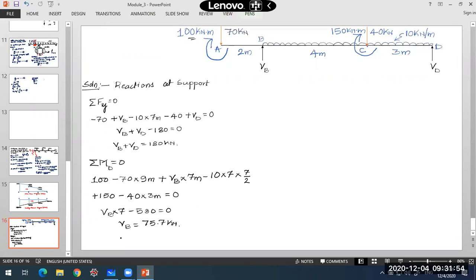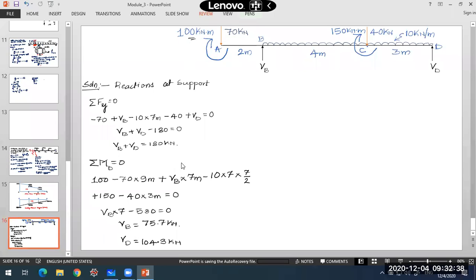So VD will be equal to how much? 180 minus 75.7. 104.3 kilonewton. Okay, so this is the value we have.